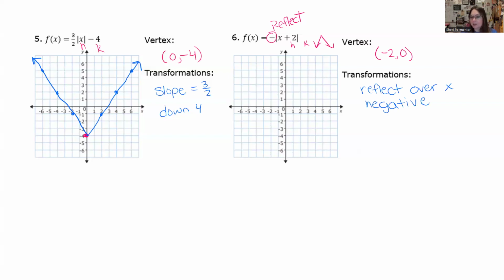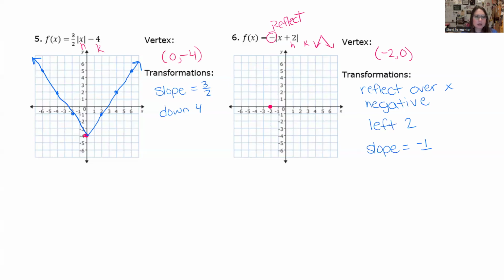And to plot my vertex point, I'm going to have to go left 2. So I'm going to go left 2, and I'm going to plot my vertex point. It's at -2, 0. And then I'm going to apply this slope. Oh, what's the slope for this one? I didn't even write it down. My slope for this one is -1 over, I almost put 2.